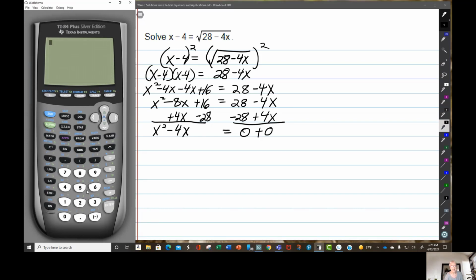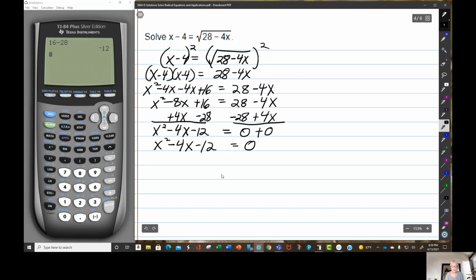It's late as I do this. 16 minus 28 is negative 12, so minus 12. So x squared minus 4x minus 12 equals 0.